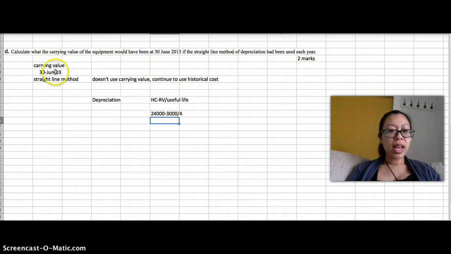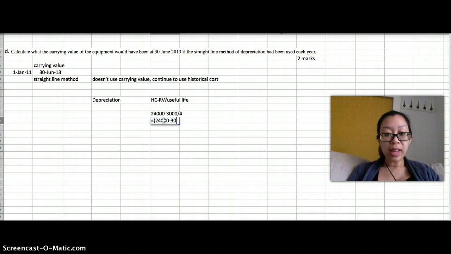And at 2013, since they bought it on 1st of Jan 2011, they've had it for 2.5 years. So if we put that calculation in, times $24,000 minus 3,000 over 4, that's for 1 year.